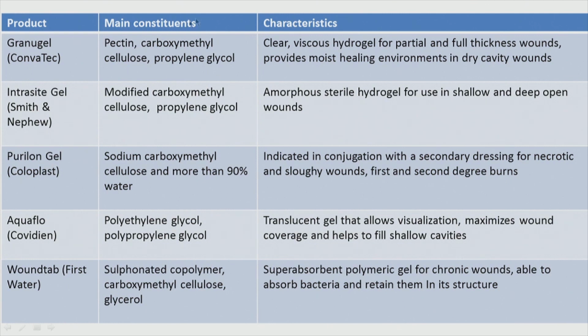They are all used quite a lot in wounds: deep wounds, shallow wounds, thick wounds, first and second degree burn wounds. All these products are in the market for all sorts of wounds.